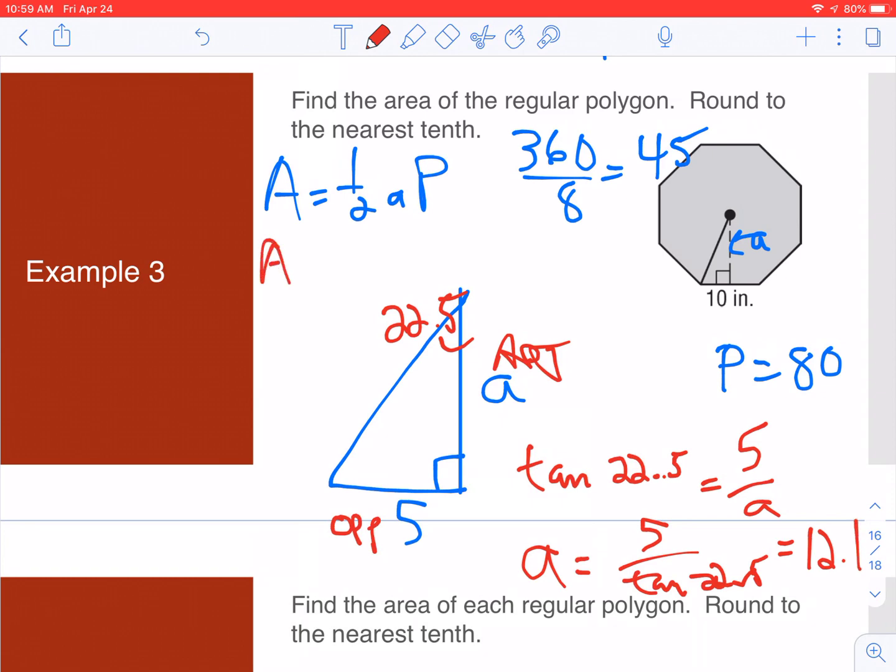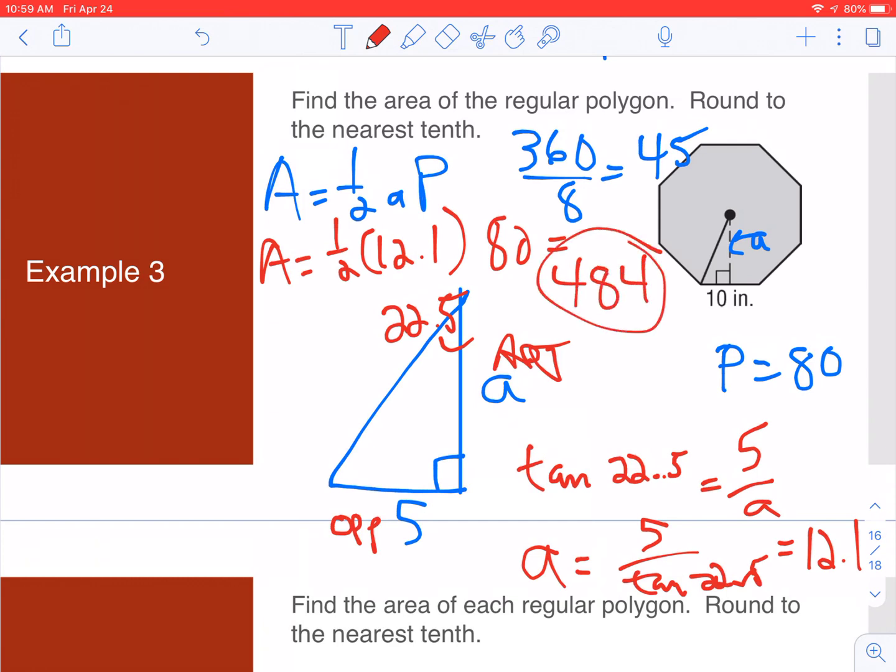So area equals 1/2 times 12.1 times 80. And that will equal 484 inches squared.